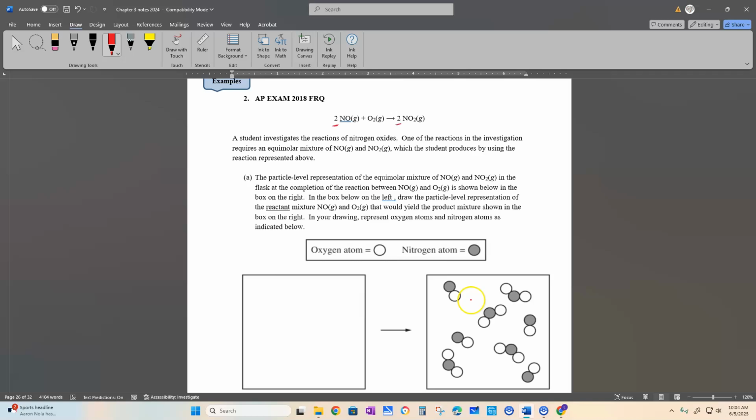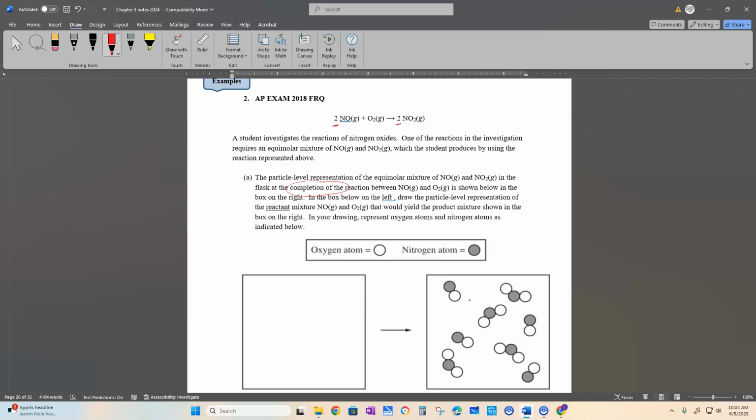That's what they mean by that, which a student prepares by using the reaction above. The particle level representation of the NO and NO2 in the flask at the completion of the reaction is NO and O2 shown in the box on the right.